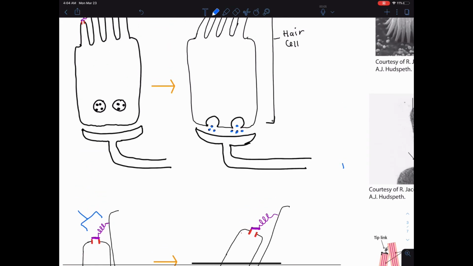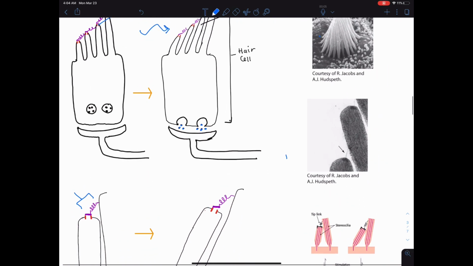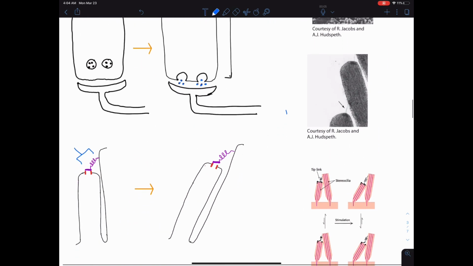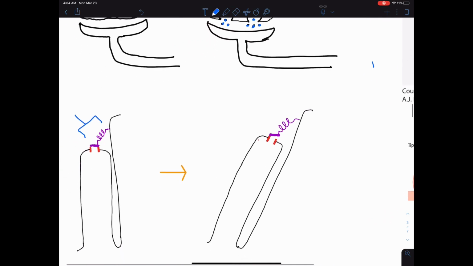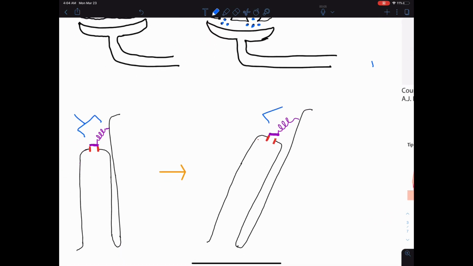But when the stereocilia start to bend, you generate more tension in the tip link, and that causes the channel to open up right here.